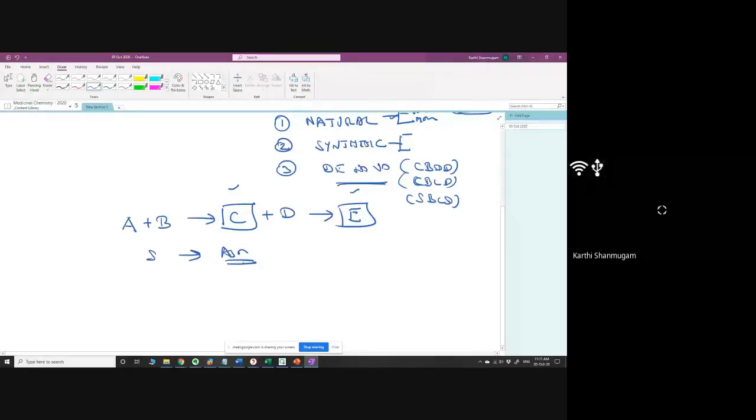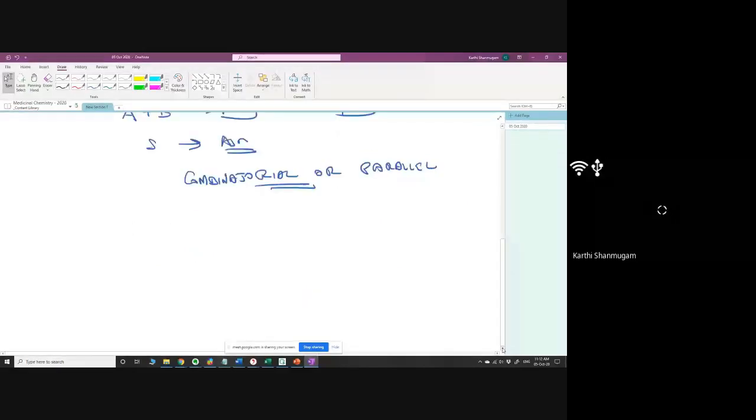So there's another method very well used for the drug discovery process, called combinatorial library design, combinatorial or parallel synthesis. We can say this is a kind of advanced synthetic chemistry method carried out in chemistry labs.